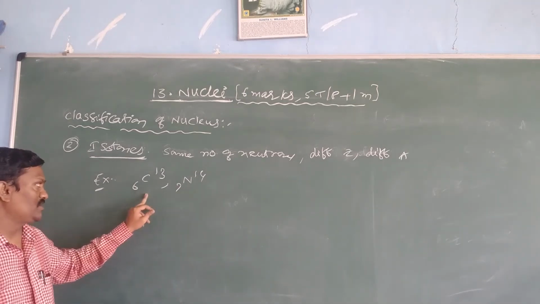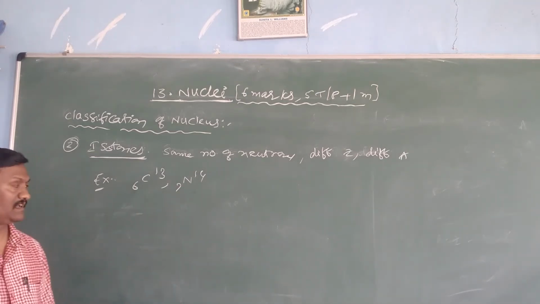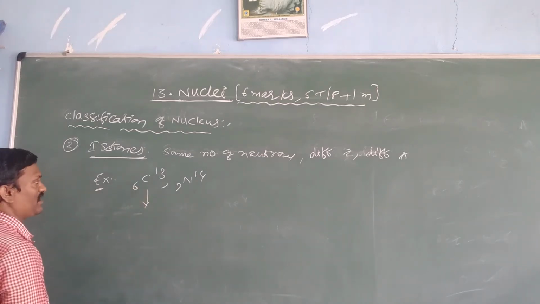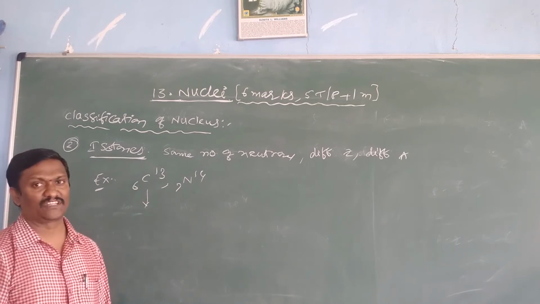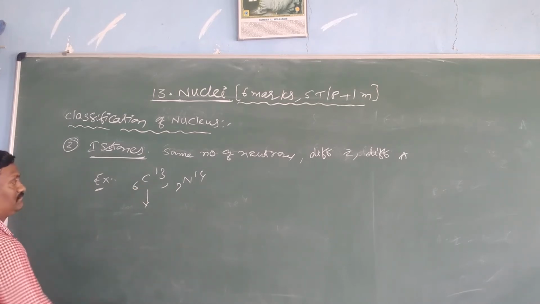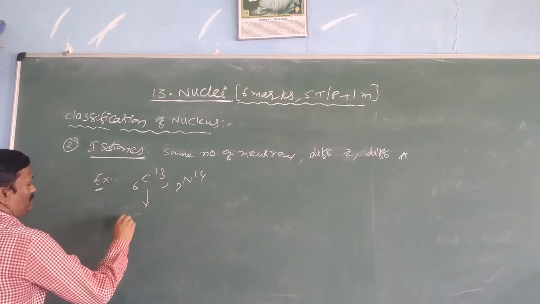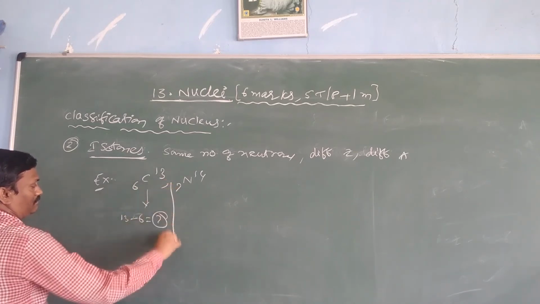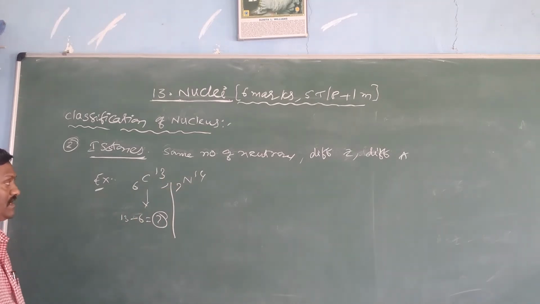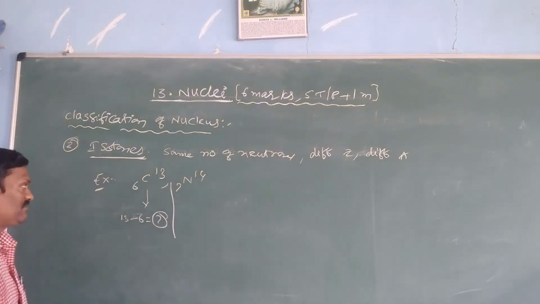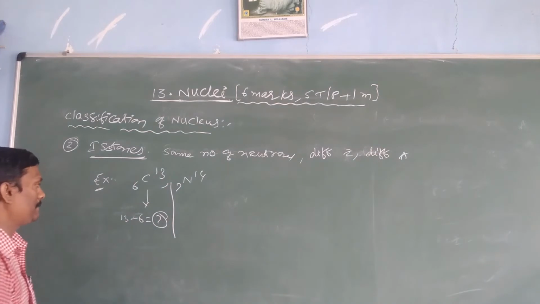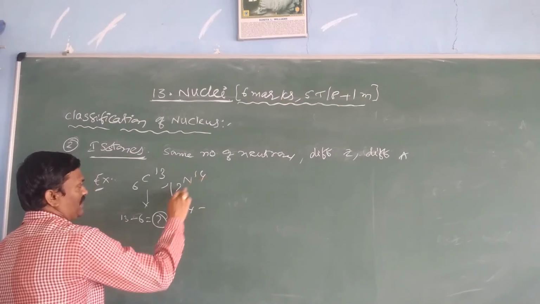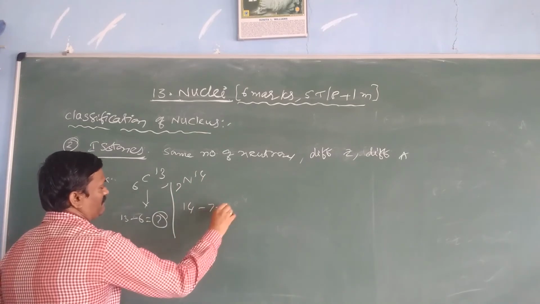How can we say so? In carbon 6,13, the number of neutrons, using the formula A minus Z, is 13 minus 6, which is 7. In nitrogen 7,14, the number of neutrons is also A minus Z, 14 minus 7, which is 7.